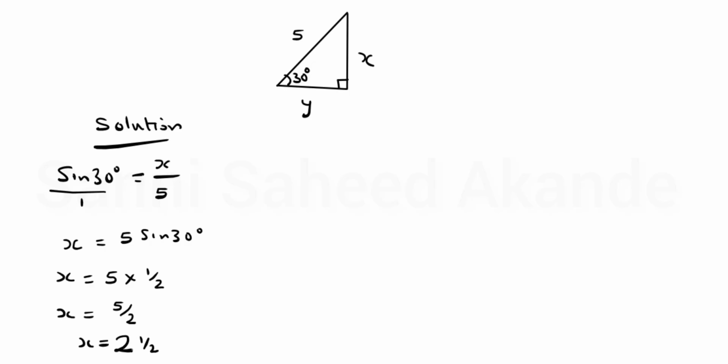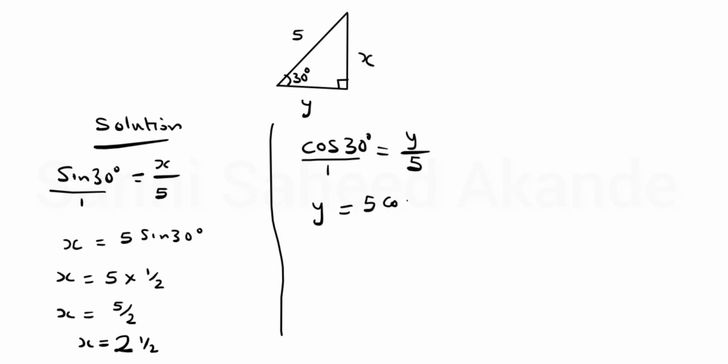Now let's find y. I'm going to look for a trig identity that will capture y and the hypotenuse, which is 5. That identity is cos 30 degrees. Cos is adjacent over hypotenuse. Adjacent is y, hypotenuse is 5. So if you put 1 under y and cross multiply, you have y equal to 5 cos 30 degrees.